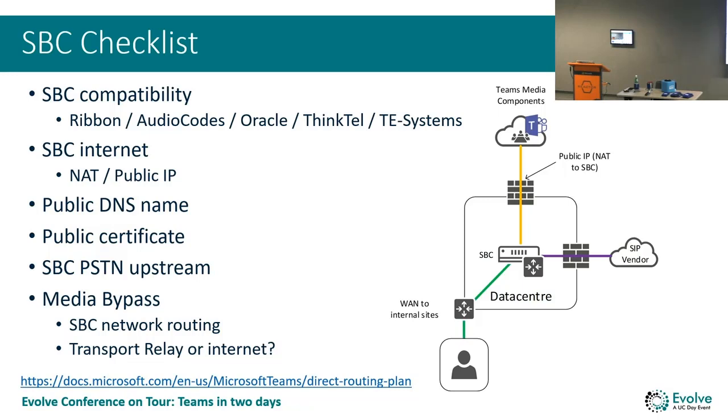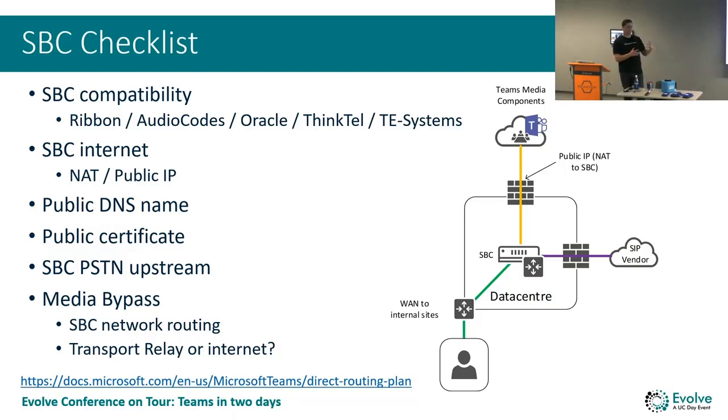If you've got an internet user talking to the SBC, you have a choice. You either allow media bypass from anywhere on the internet through your firewall to the SBC, or you lock it down so that only the transport relays can talk to your SBC. At the moment, the Microsoft recommendation is that transport relays are allowed to talk to the public internet side of your SBC. So when you configure media bypass, the firewall rules you put in by default will be the media processors, which sit behind the transport relays.